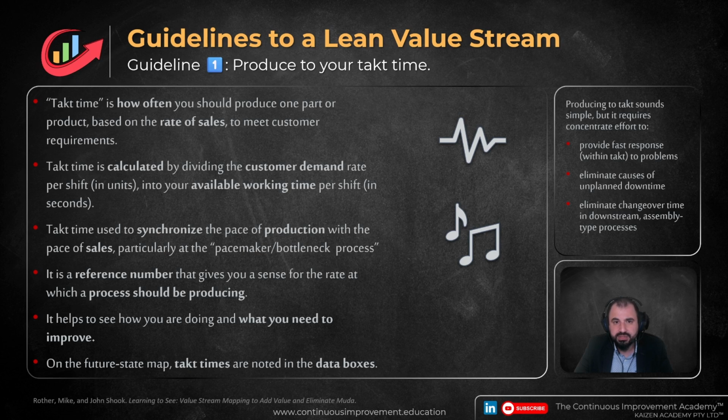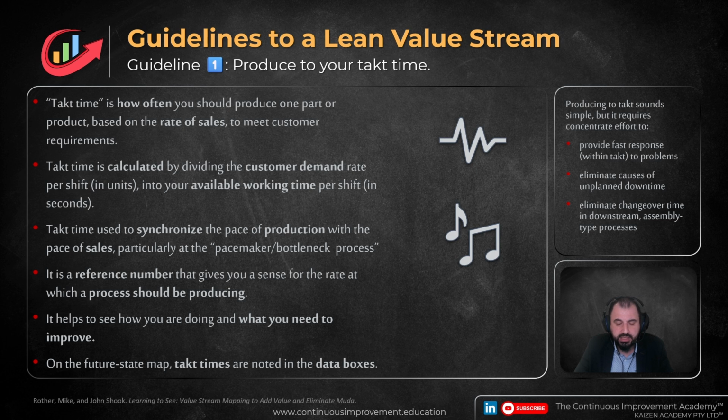While it sounds simple, achieving this requires concentrated effort, ensuring faster response to problems, eliminating unplanned downtime, and crucially, eliminating or minimizing the changeover time in the downstream process. And this is where the real challenge and opportunity lies.